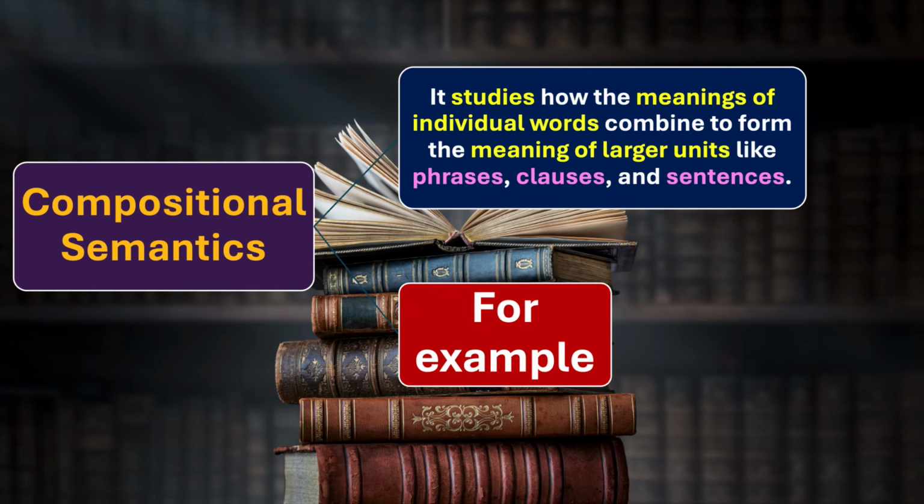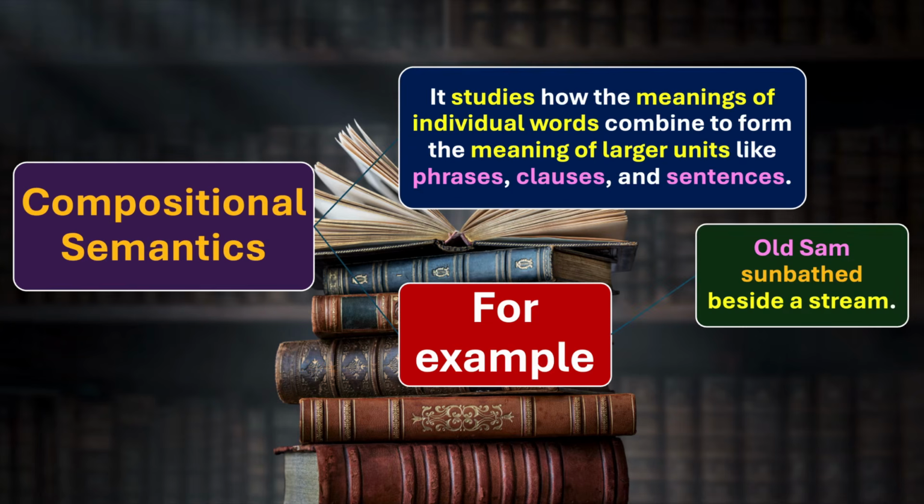Let's try to understand through examples. For example, old Sam sunbathed beside a stream. This is one long sentence. We can divide this sentence into phrases. Of course, this sentence has words, so many words, six words.